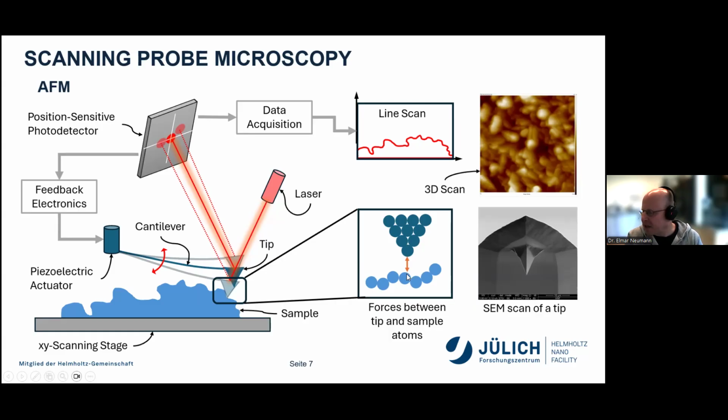And in the ideal case, your tip approaches the atoms of your surface, and depending on the distance between your tip and your sample, you will first experience no interactions.